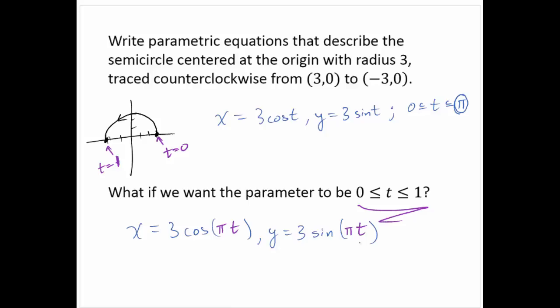And if t equals 1, we would be evaluating cosine of pi and sine of pi. So this is really just sort of adjusting, if you remember the period of a sine function or a cosine function, this is very closely related to adjusting the period of that cosine function or sine function.